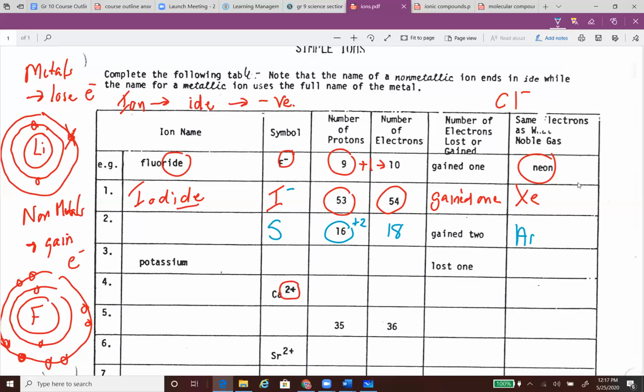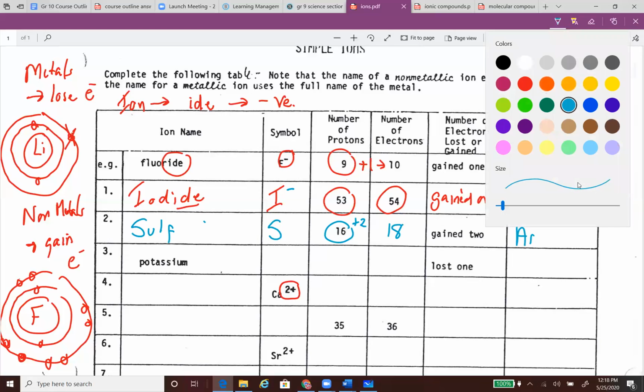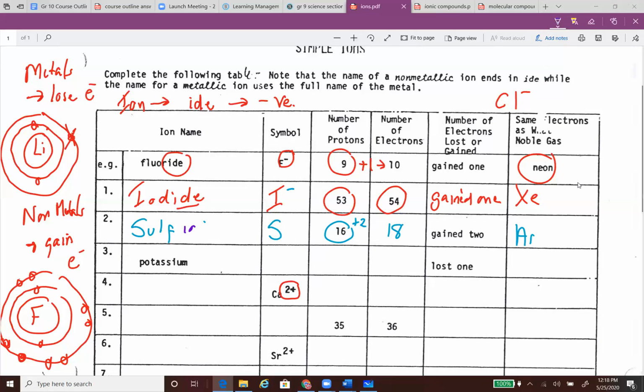Again, if it's negatively charged, we now change its name to an IDE ending. Here's where it might be a little bit tricky. It would sound weird to say sulfuride. So in this case, it would just simply be sulfide. Eventually, you'll get used to the naming. Sulfide.